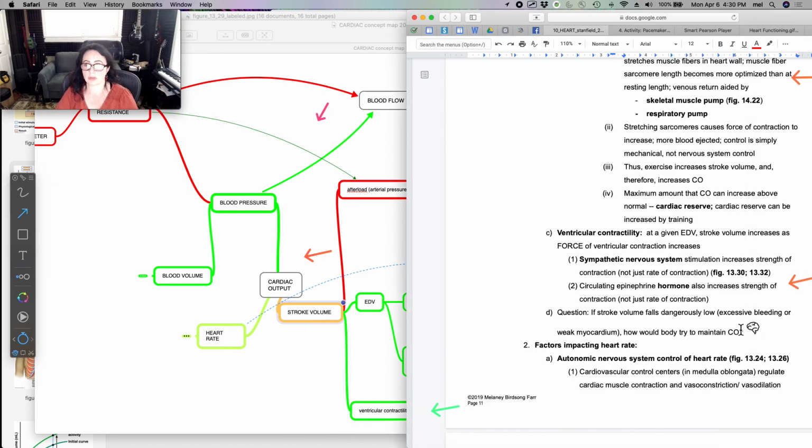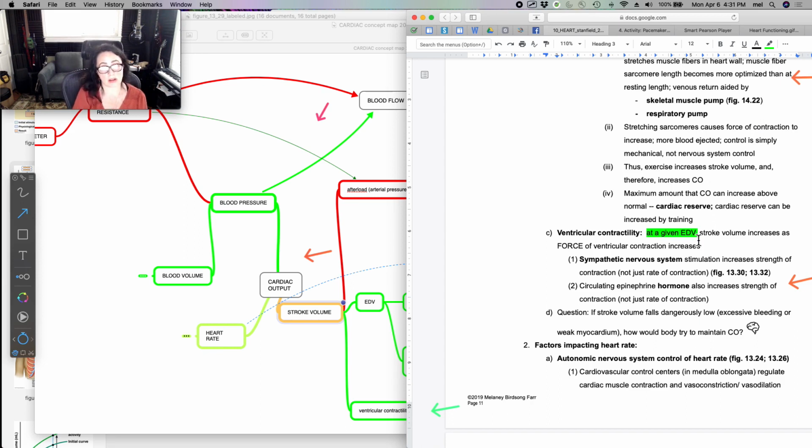And so let's talk about this, and I want to compare and contrast it with another one. So ventricular contractility says at a given EDV, and this is really important, what I mean is we're going to be good scientists and we're not going to increase the volume of blood in the ventricles.